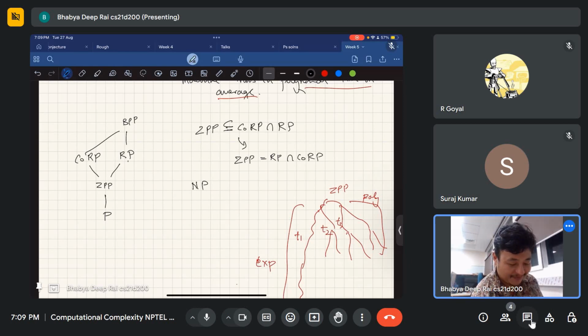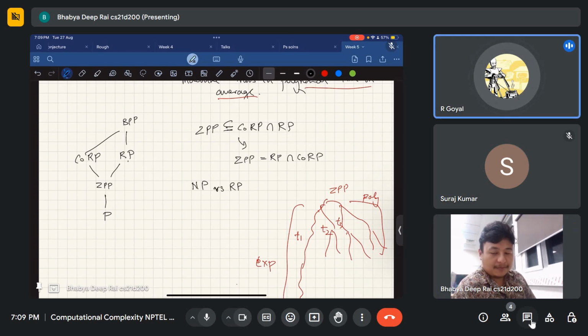So I want you guys to compare NP and RP. Okay, requires a bit of thinking. Think about it. So I think RP is contained in NP. Because in case of NP, all the strings which are part of the language are getting accepted with probability greater than 0, and all the strings which are not part of the language are getting accepted with probability 0.